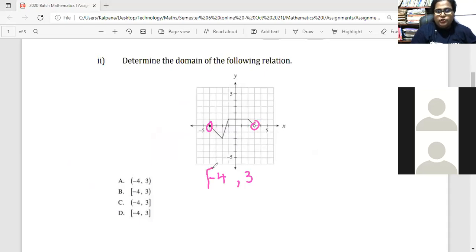So we have to use square brackets on the left hand side, and here at x equals 3, the dot is not colored, that means 3 is not included in this domain. So we have to use a normal bracket at the right hand side of this interval notation, right? So the answer for this one is B, right?